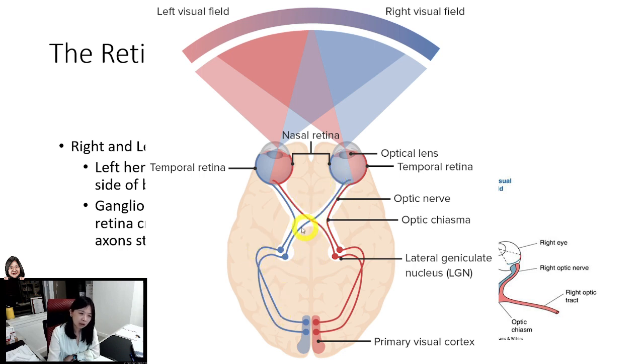But the point is, after the chiasm, we already have a situation where the left side data, and just follow this trace, the left side data is in fact representing here.